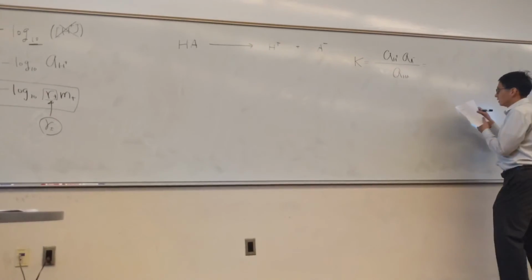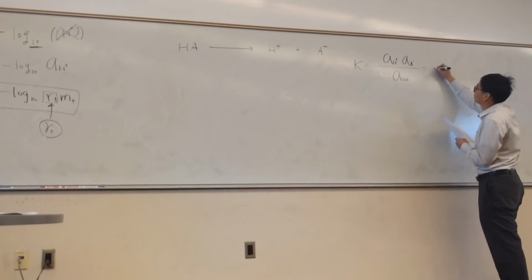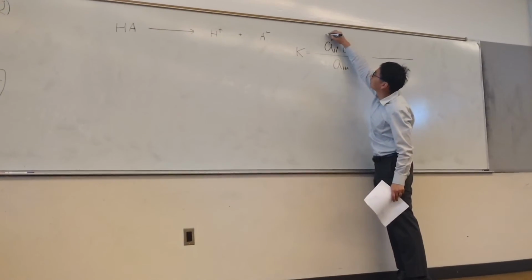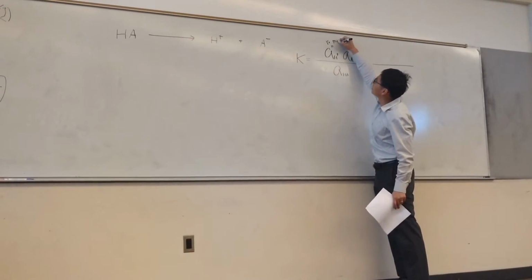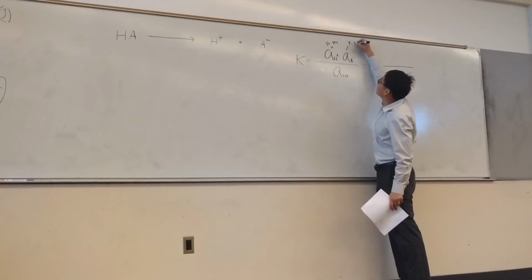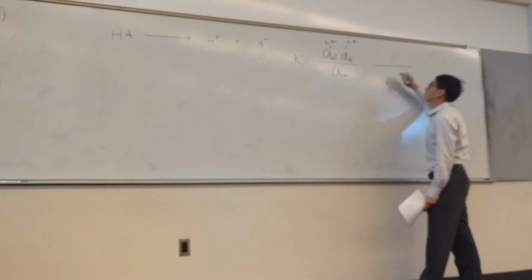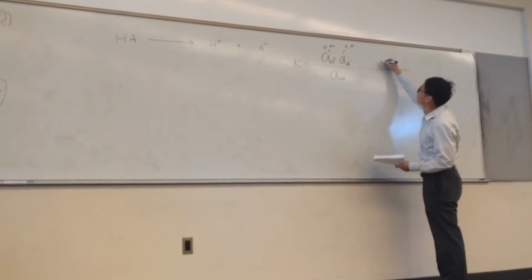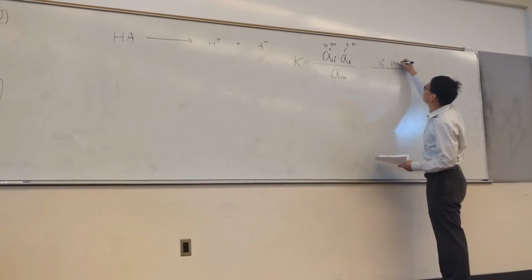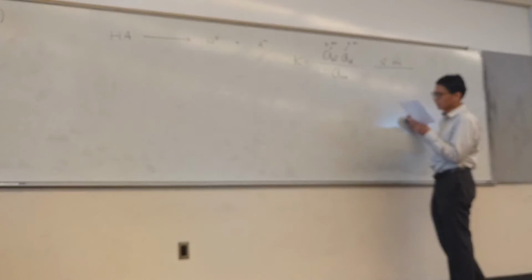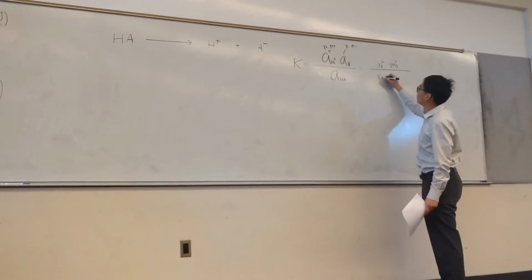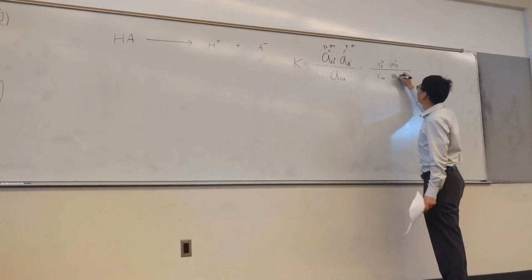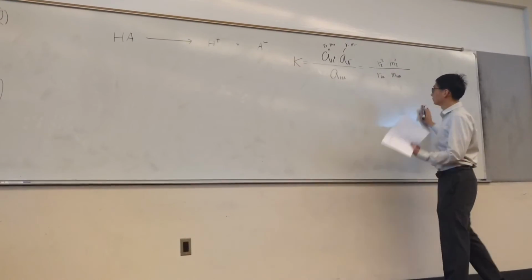And then you can write this as gamma plus times M plus, and this as gamma minus times M minus. So if you combine them all together, you get gamma plus minus squared times M plus minus squared, and the bottom is gamma HA times M HA.